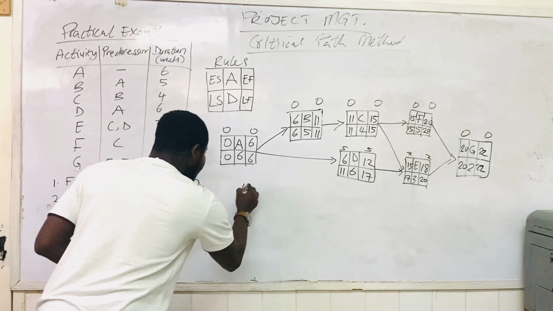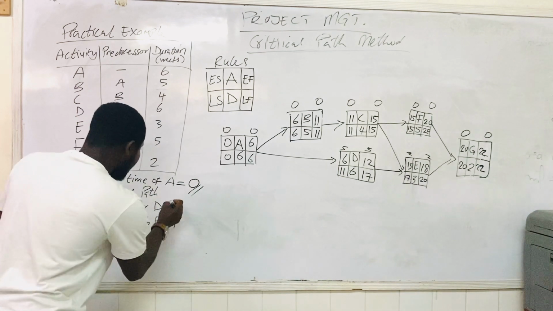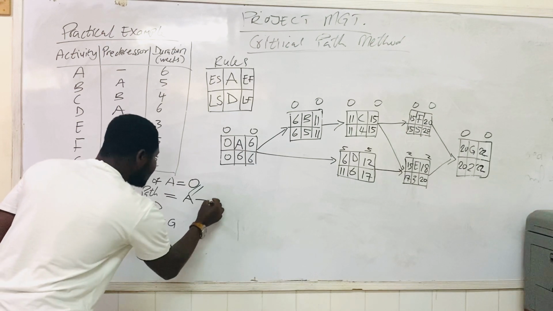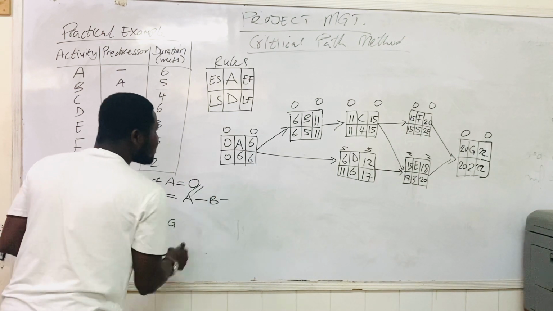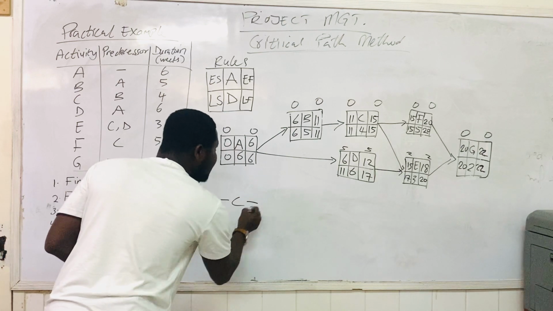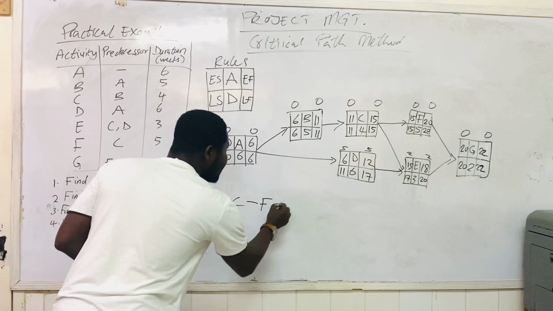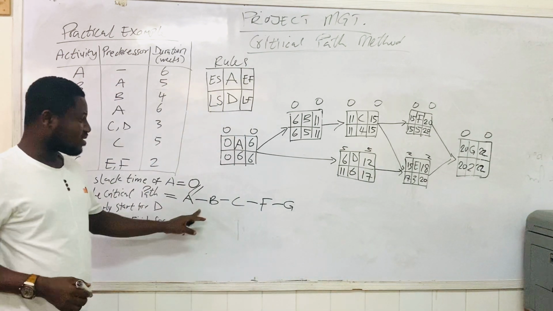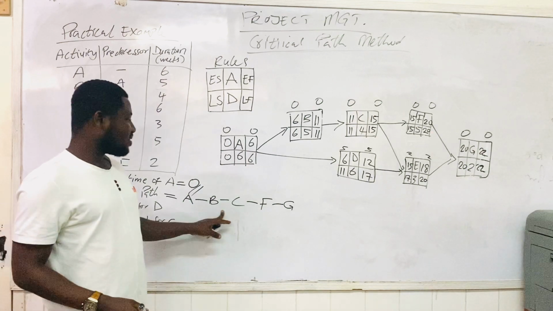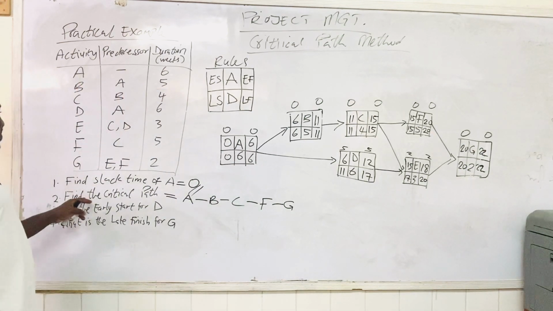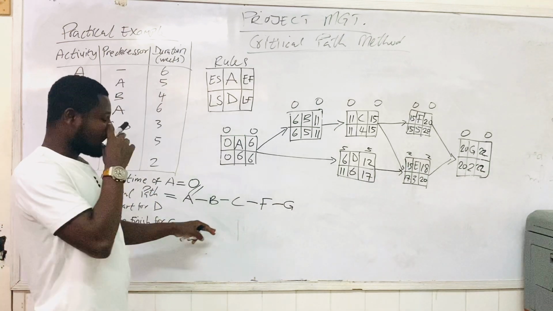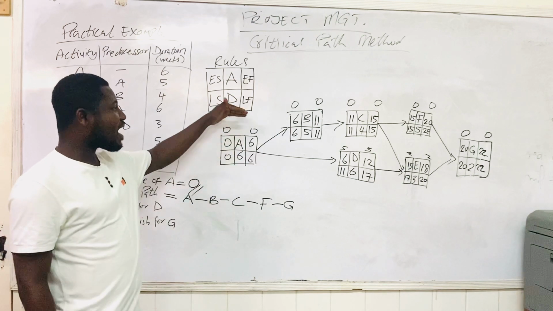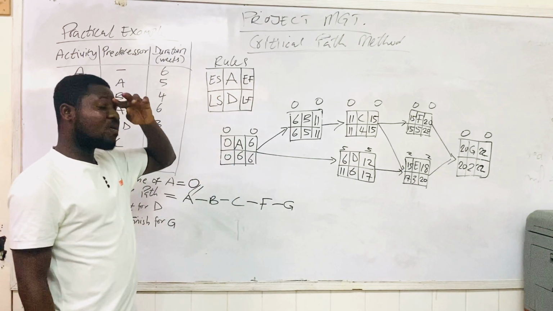And so, therefore, our slack path is equal to activity A, activity B, activity C, activity F, and activity G. This is our slack path, or this is the critical path. The critical path is the path that has 0 slack on all the activities.